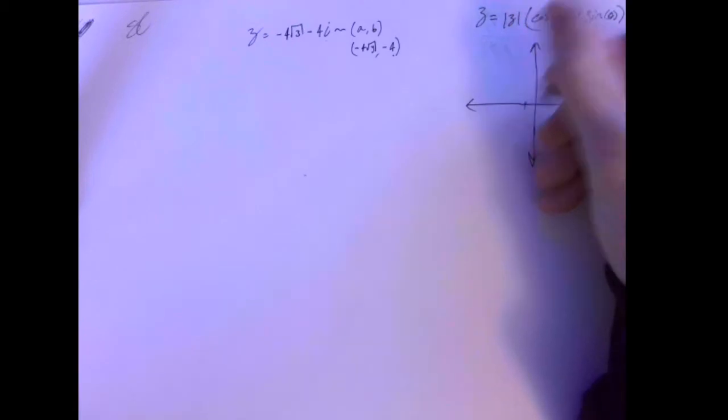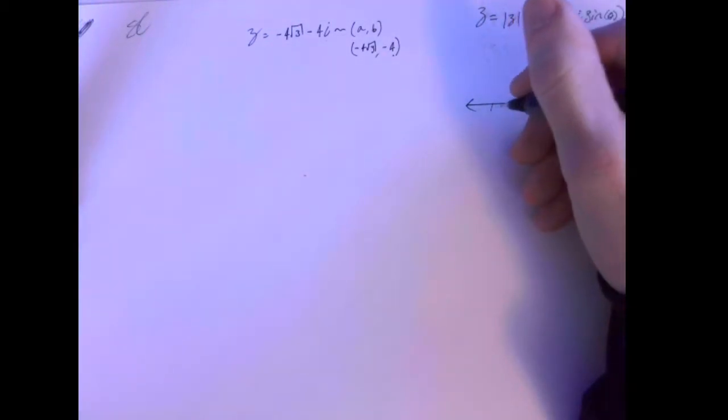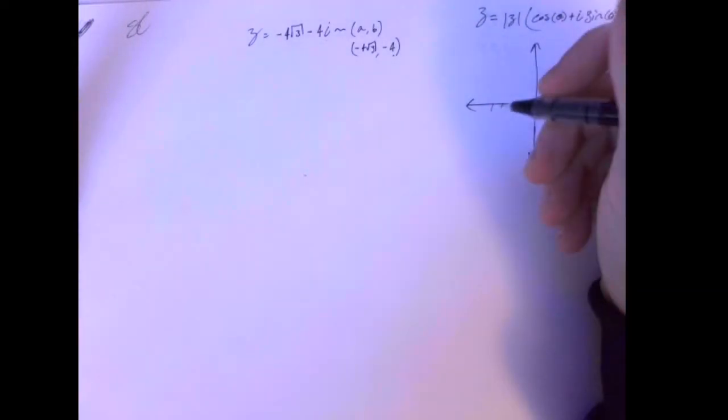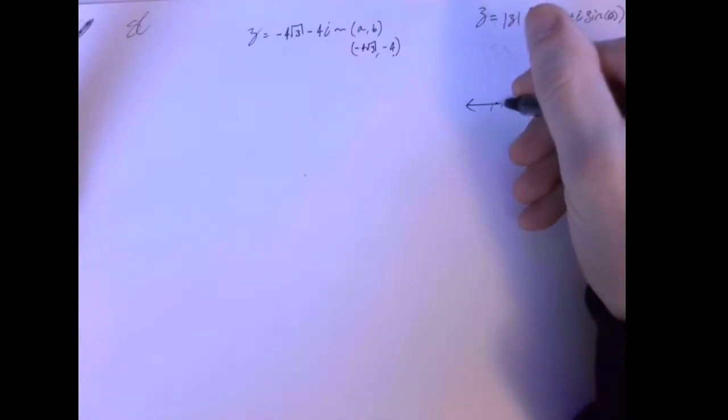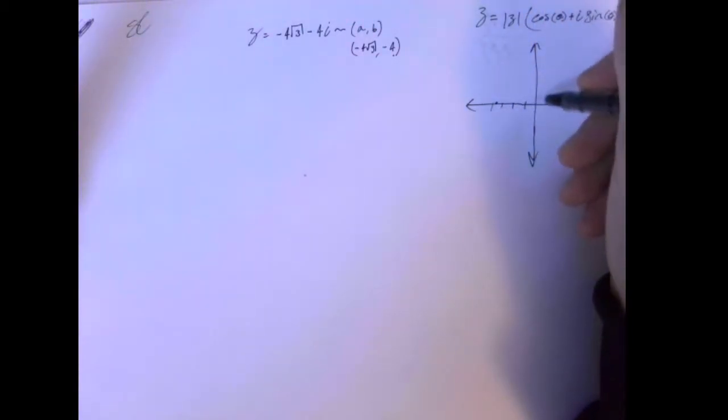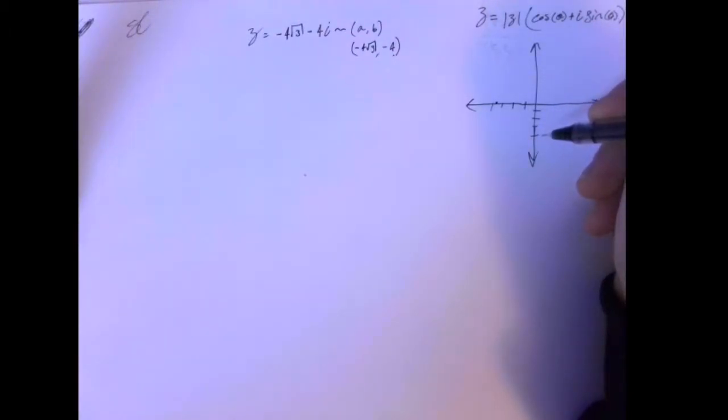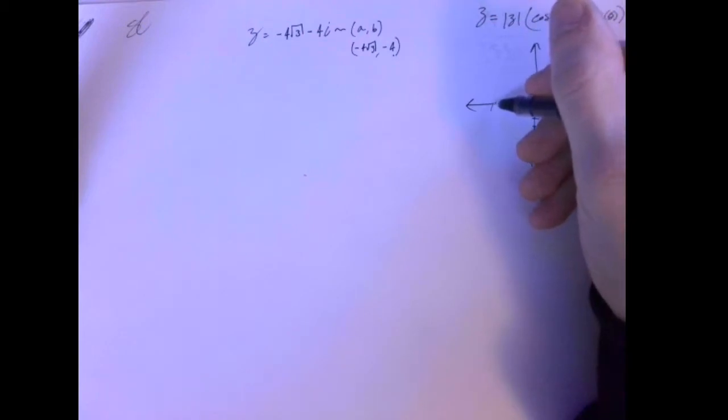So 1, 2, 3, 4. So -4 and square root of 3. That's going to be about here. And then -4, it's going to be on this axis. 1, 2, 3, 4. Actually, no, I counted wrong.